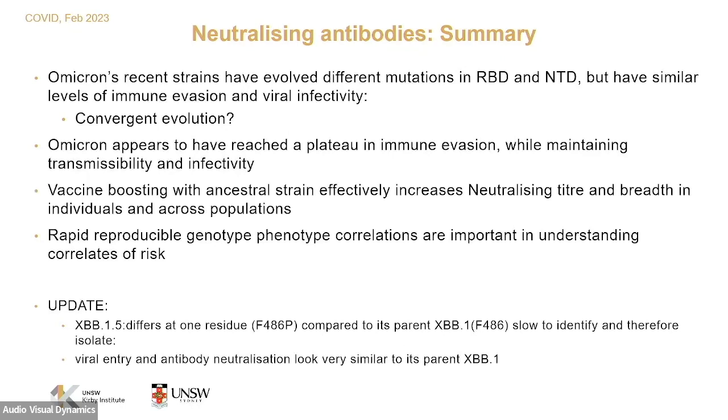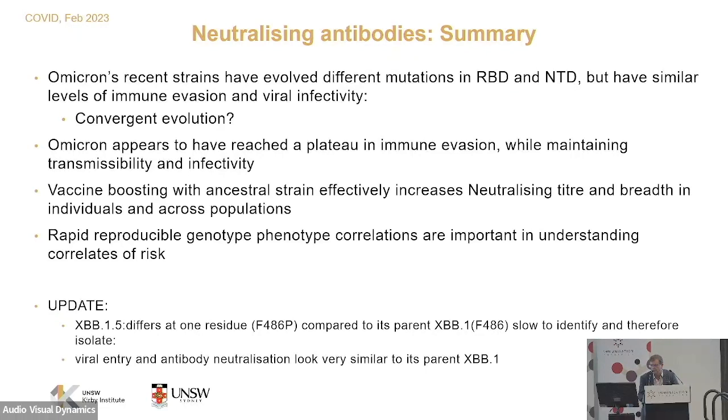I'm going to put a positive spin on this and say that Omicron appears to have reached a plateau of immune evasion while being able to maintain its transmissibility and infectivity, and it doesn't seem to be able to take the next leap. Vaccine boosting with the ancestral strain effectively increases neutralizing titer and breadth in individuals across populations to strains that the populations have not yet seen.